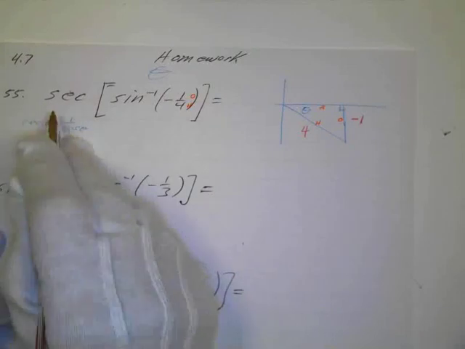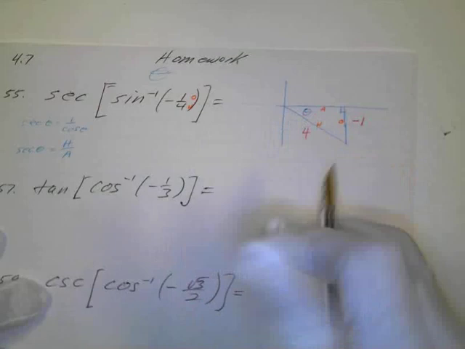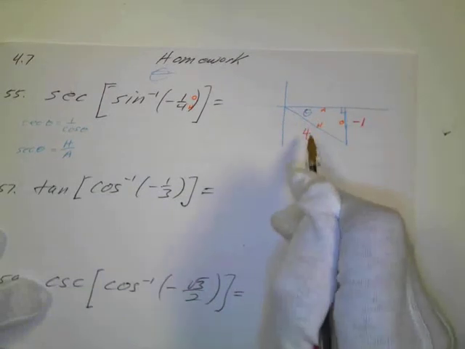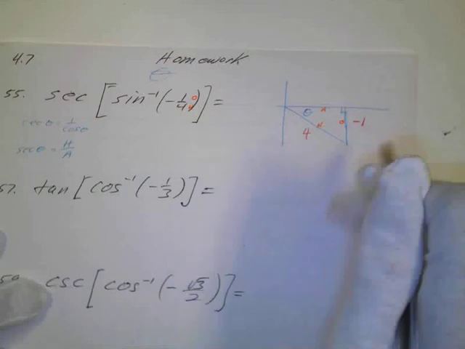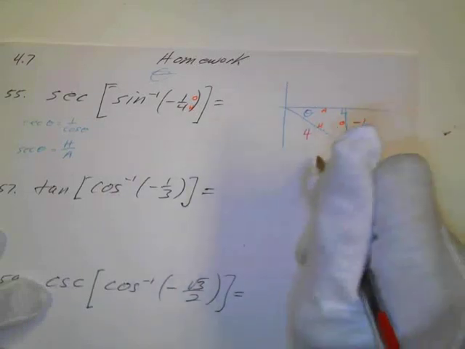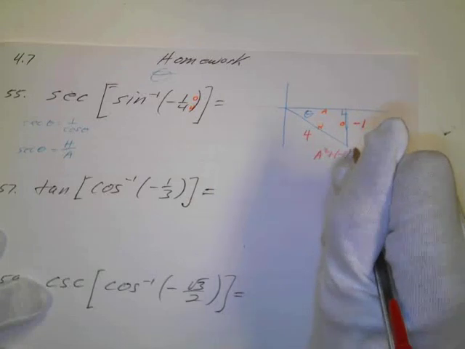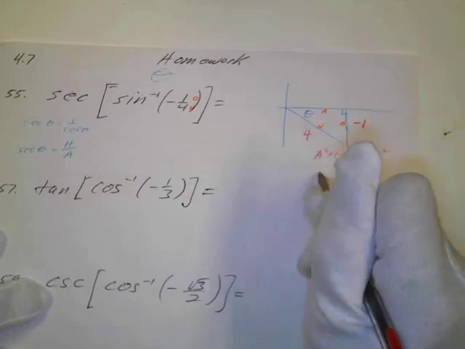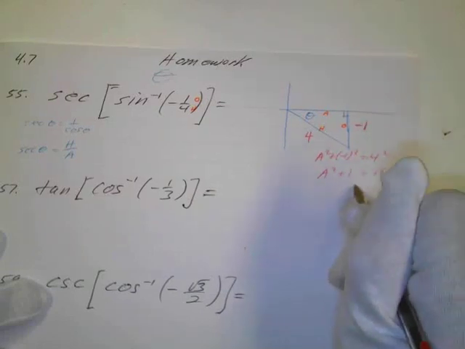And I want to find the secant of theta, the secant of this. So I'm going to find the secant of this, which is going to be the hypotenuse over the adjacent, so I've got to figure out what that's going to be. Okay, so I have to use our Pythagorean theorem, and I'll say a squared plus negative 1 squared equals 4 squared. A squared plus 1 equals 16.